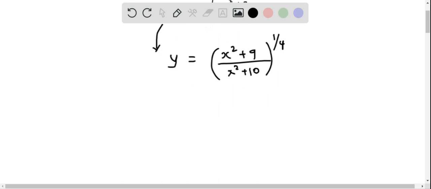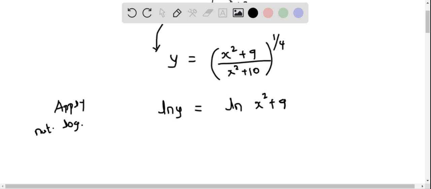So now we can apply natural logarithm to both sides. When we do that, natural logarithm of y we write on the left side. And here we apply natural logarithm, that is natural logarithm of (x squared plus 9) over (x squared plus 10), and this is raised to the power of 1/4.